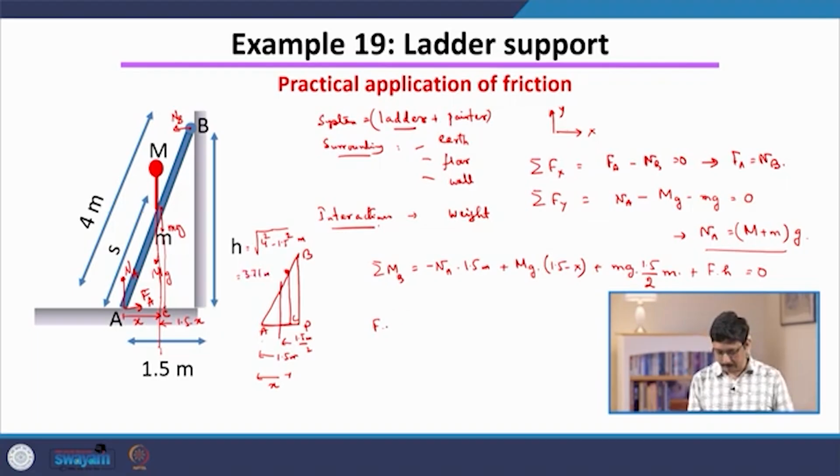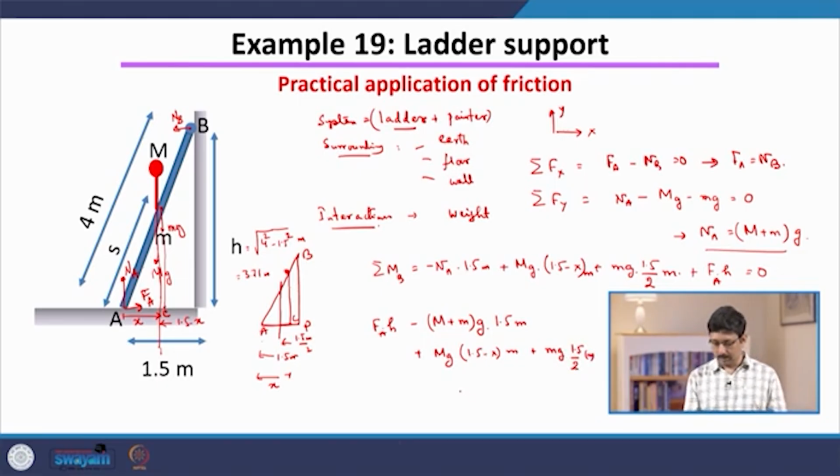So, now we have F A times h minus (M plus small m) times g times 1.5 meter plus Mg times (1.5 minus x) meter, plus mg times 1.5 by 2 meter is equal to 0.